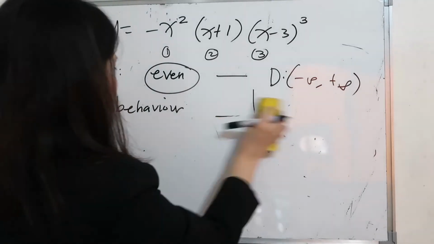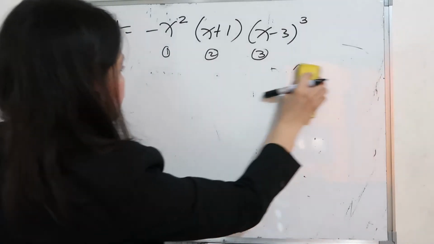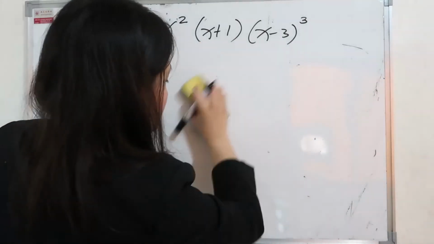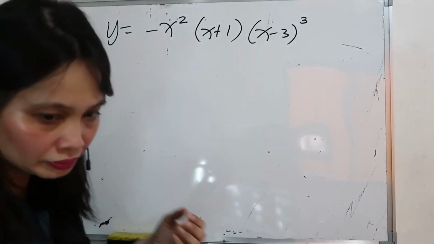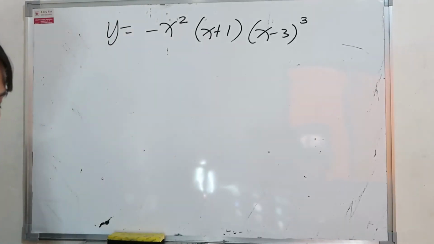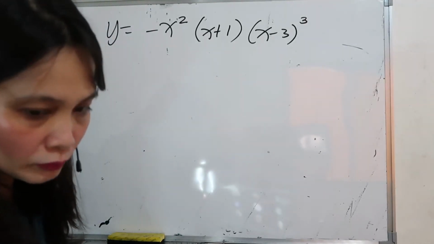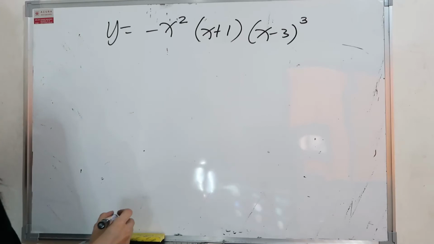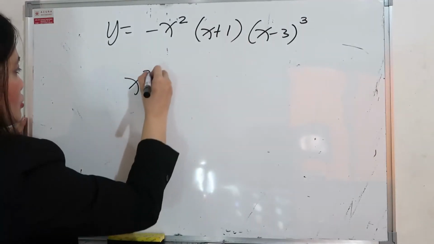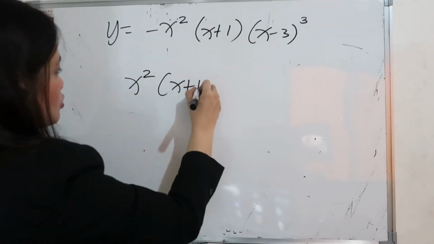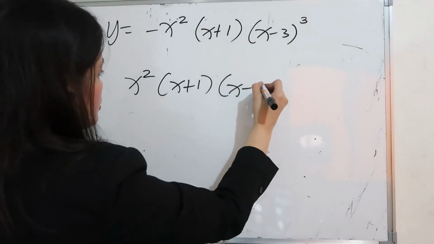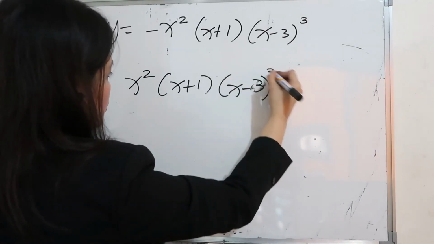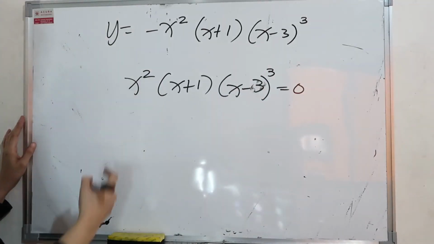So how do we graph this one? First, we need to find the values of x. So we have x squared, x plus 1, x minus 3 equals 0. Solve for x.